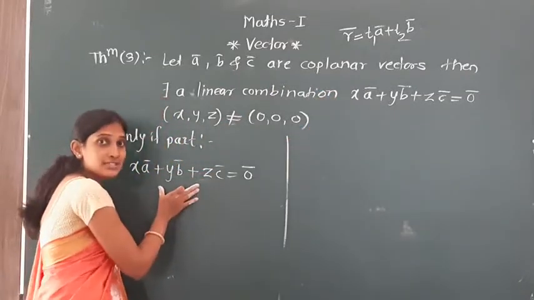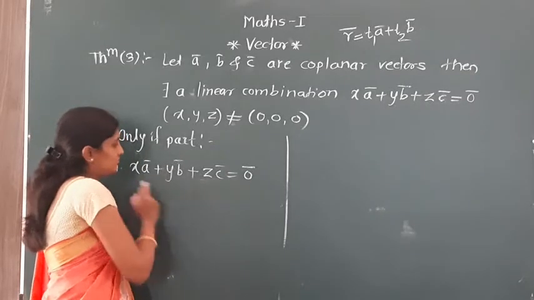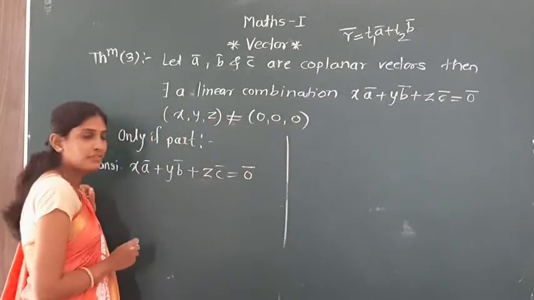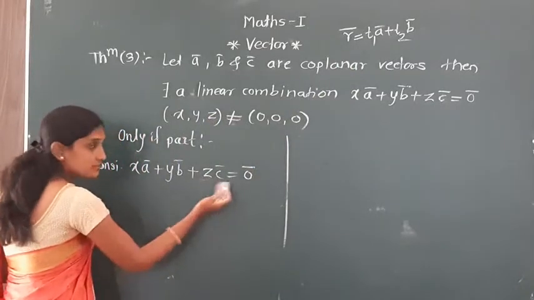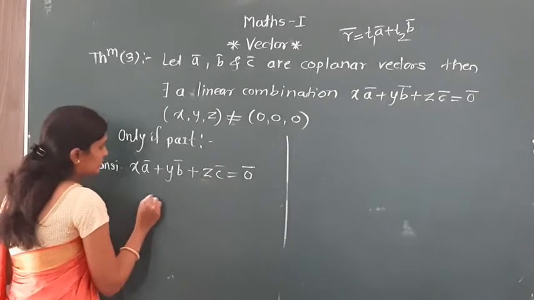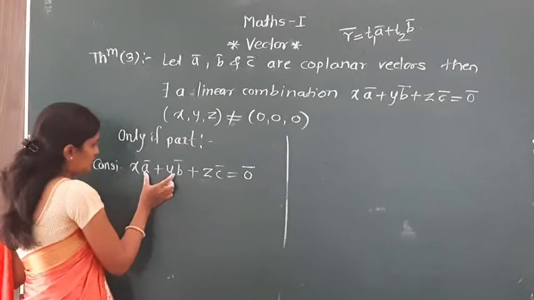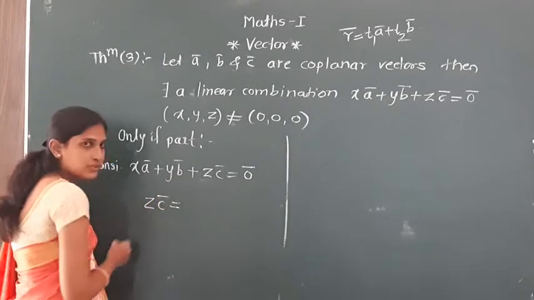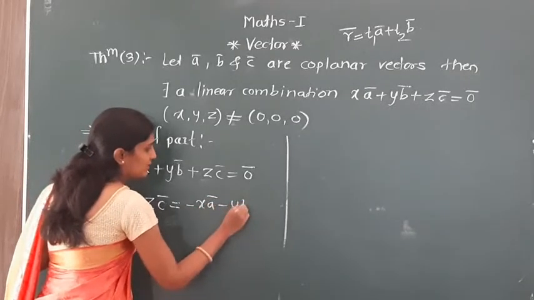Here also we use the second theorem. We adjust this equation into this form. We take these two terms on the RHS, so we get Z C bar is equal to minus X A bar minus Y B bar.